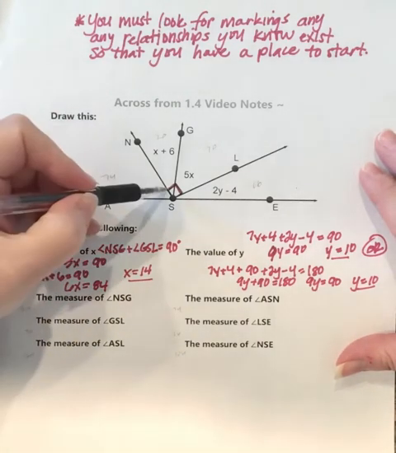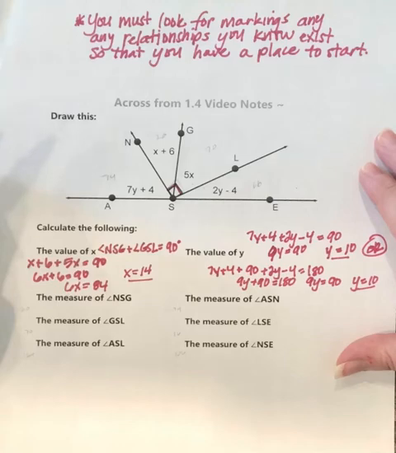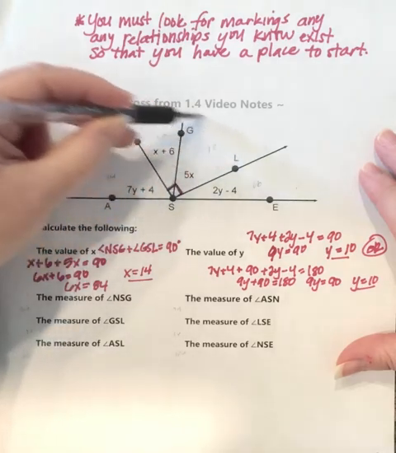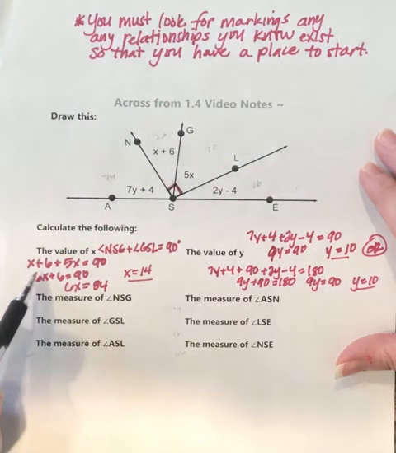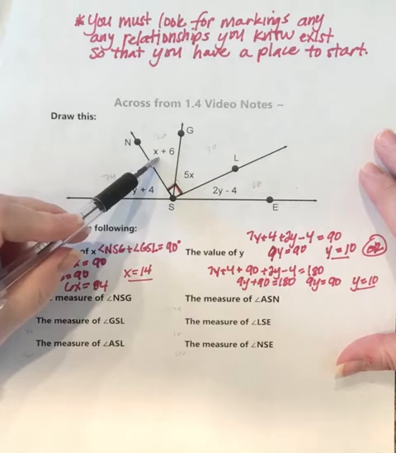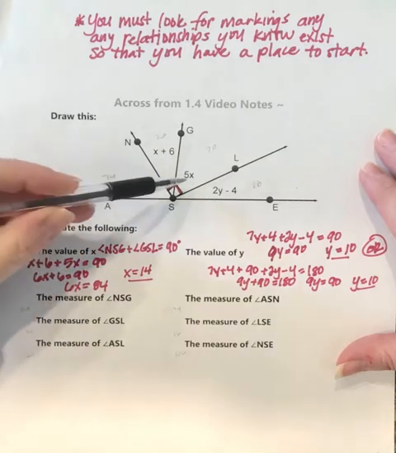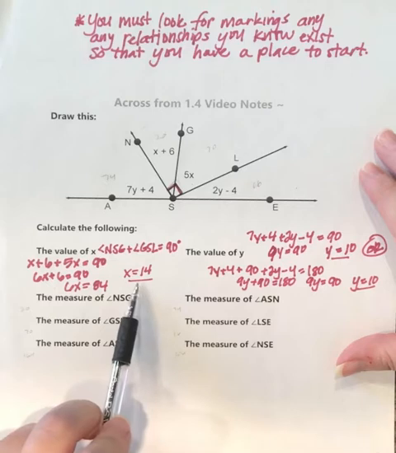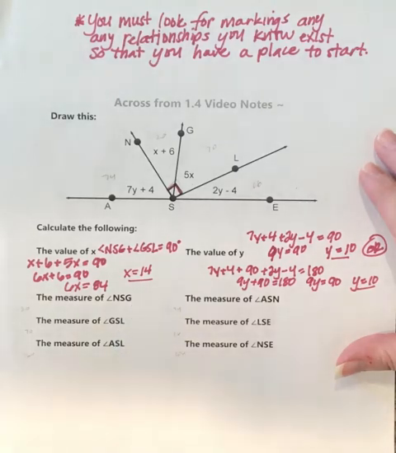So again, I'm given a total, so I use the angle addition postulate. This piece plus this piece equals the whole thing. So x plus 6 plus 5x equals 90. And when I worked my way through it algebraically, I got x to be 14.